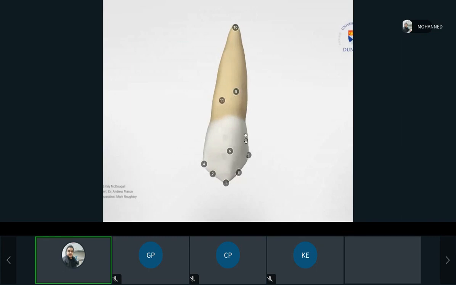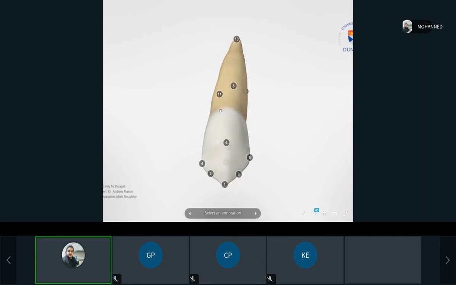One. How many cusps? One cusp, right? And remember, the canines are the transition from anterior teeth to posterior teeth. That's when it starts to become really similar, on the labial side technically, to the premolars, but it's still an anterior tooth.